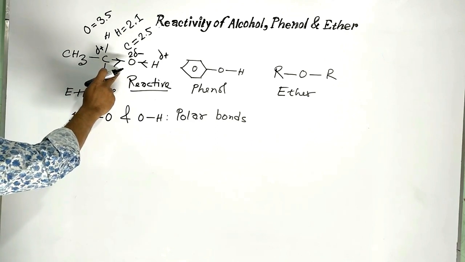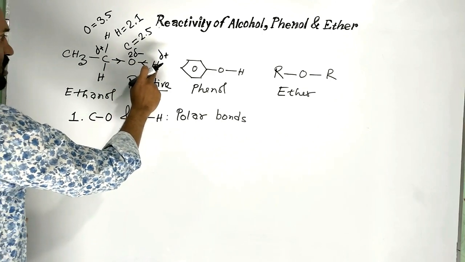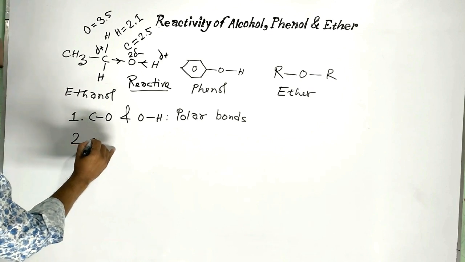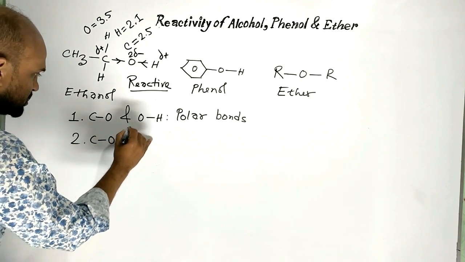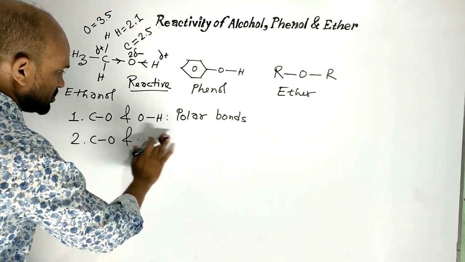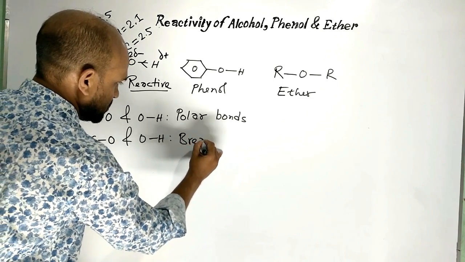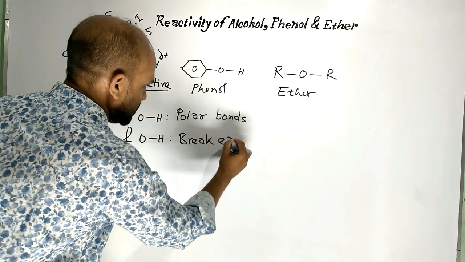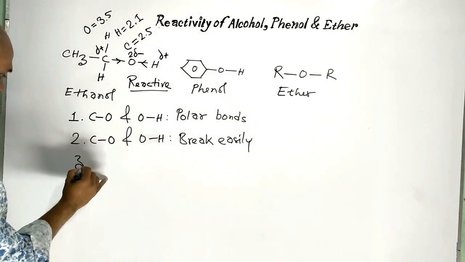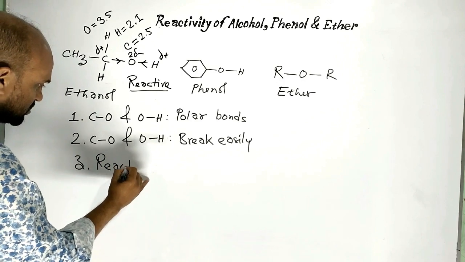So both the bonds, carbon oxygen bond and hydrogen oxygen bond, break easily. That is why alcohol is a kind of reactive molecule.